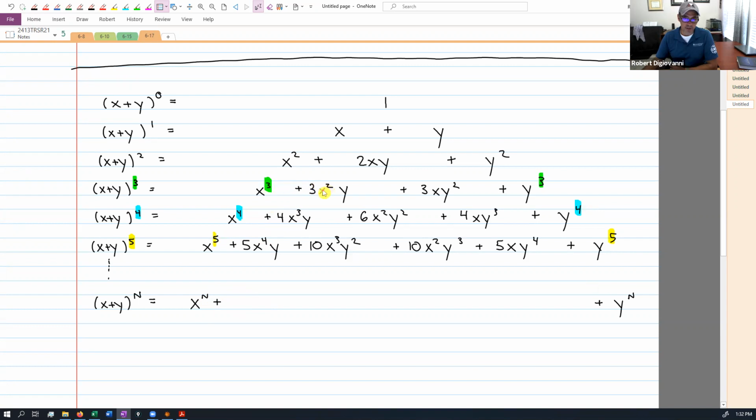If this is a 3, this is a 2. So if this is an n, this is 1 less than n. So the way I write that is x to the n minus 1. That would be this next term, wouldn't it? But I also should have a y next to that, because like we said, the pattern is that as you move from left to right, the powers on x go down while the powers on y come up.